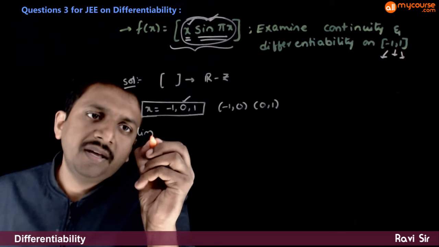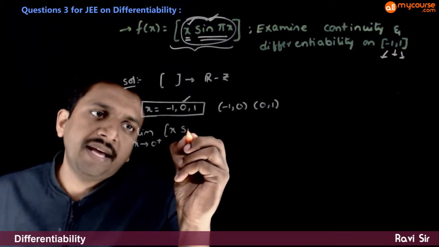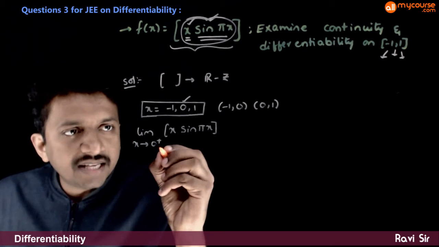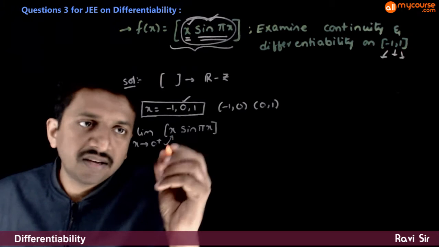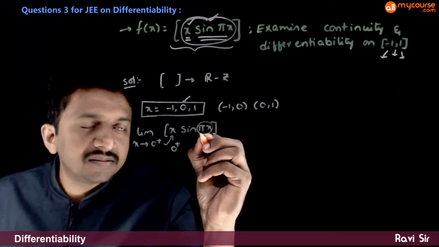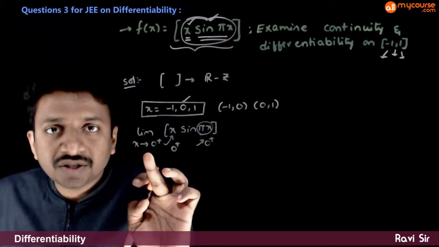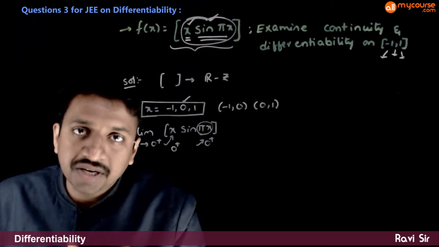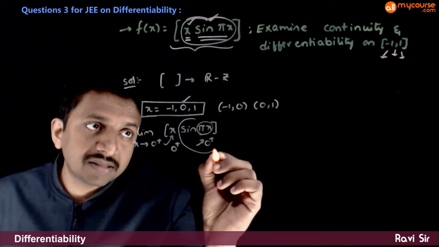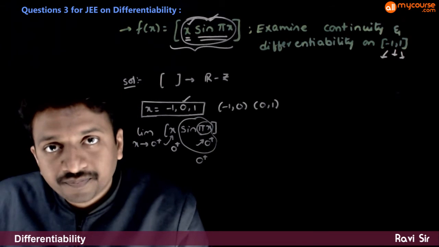Limit x tends to 0 plus of integer part of x sine pi x. As x tends to 0 plus, x is in the positive neighborhood of 0. Pi x also tends to 0 plus, so the value of sine pi x is also in the positive neighborhood of 0.